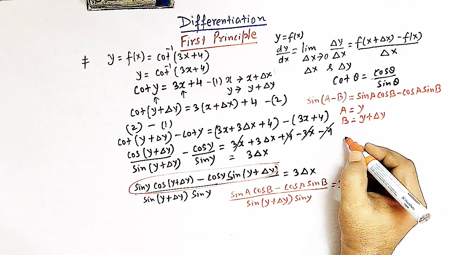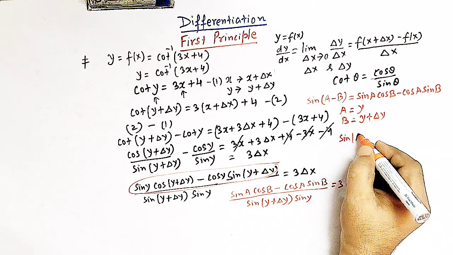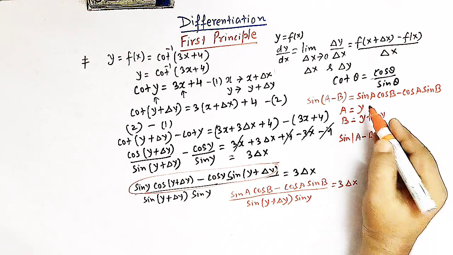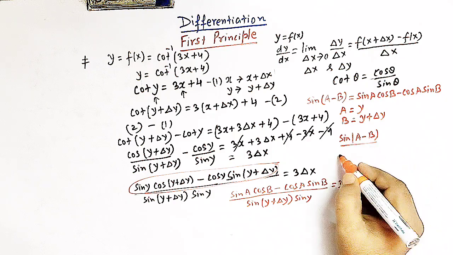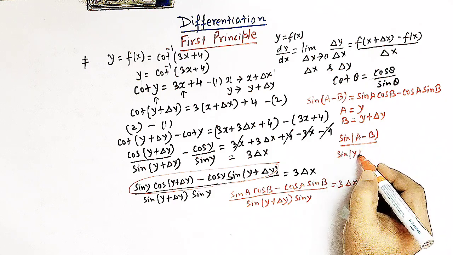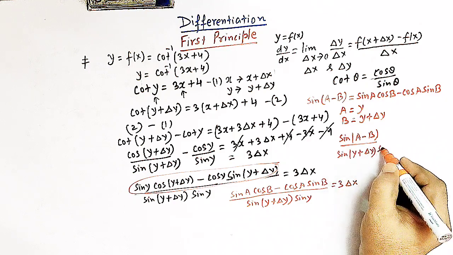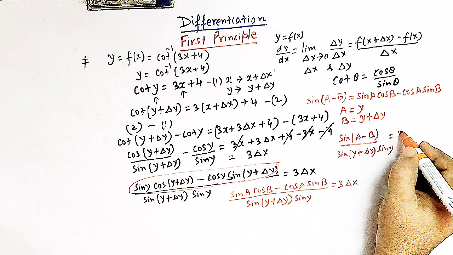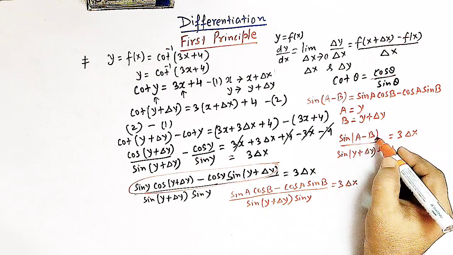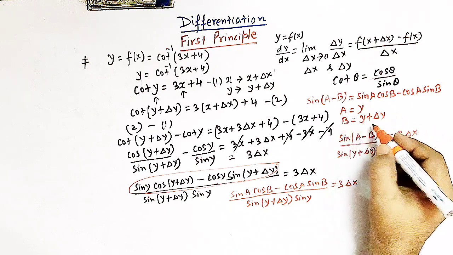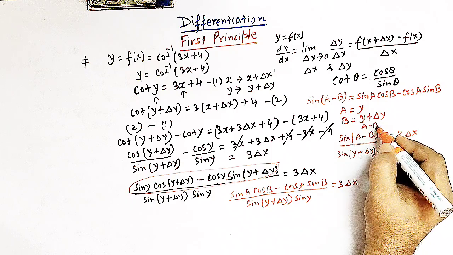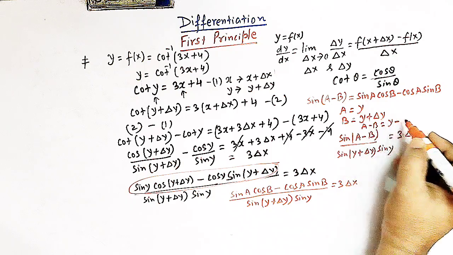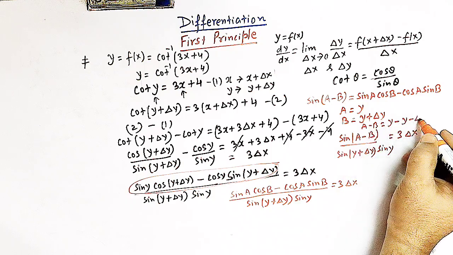So this is simply sine of (a minus b) due to this result, and here we have sine of (y plus delta y) times sine y, and here we have 3 delta x. Now see a minus b. Now a minus b is given by y minus y minus delta y.